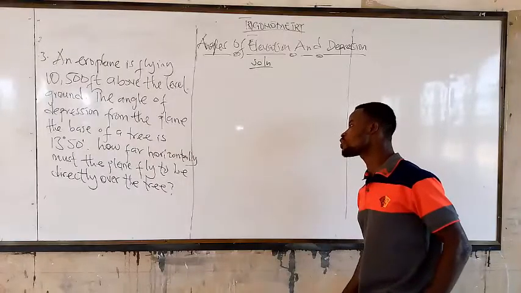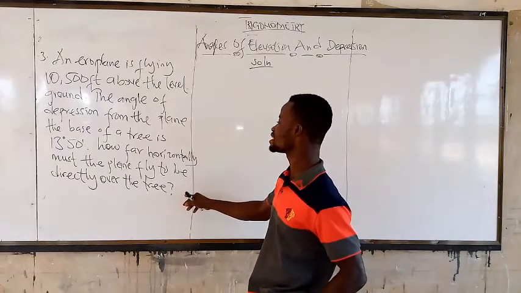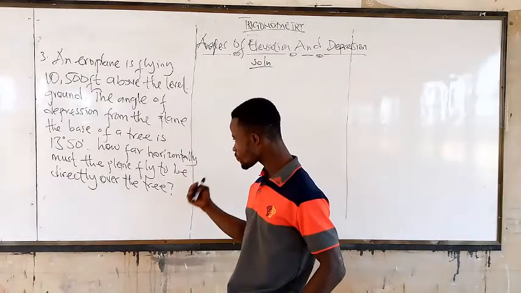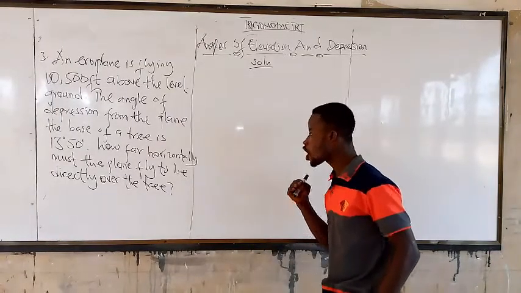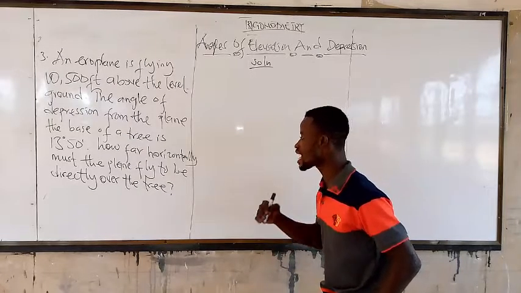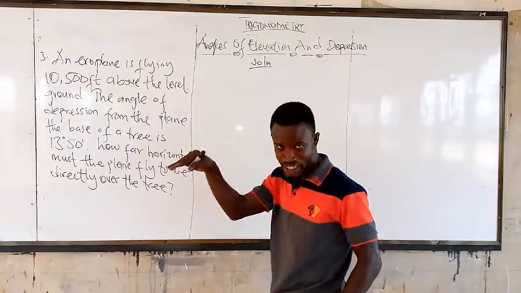How far horizontally must the plane fly to be directly over the tree?